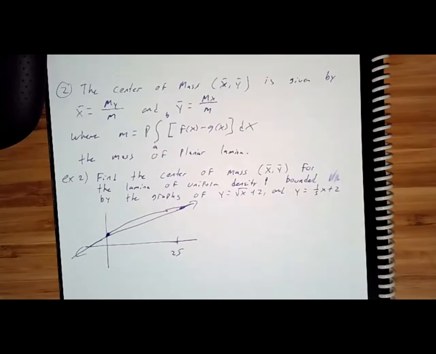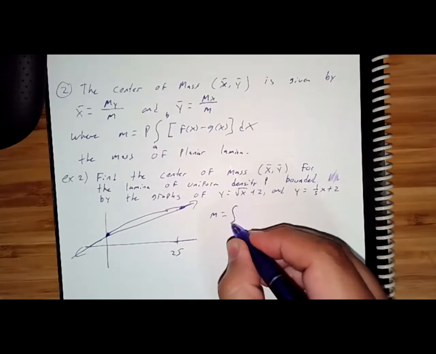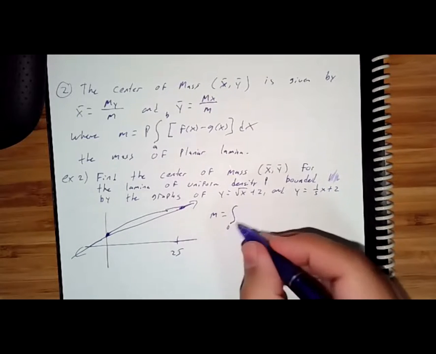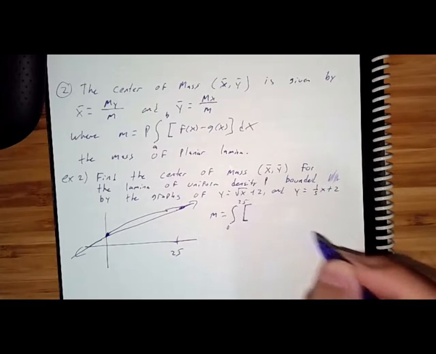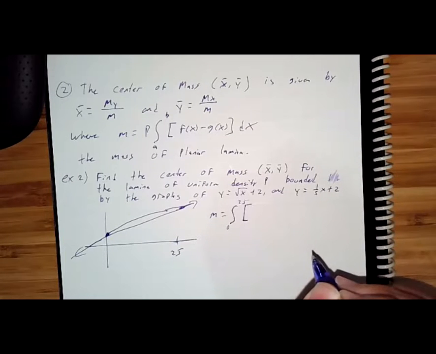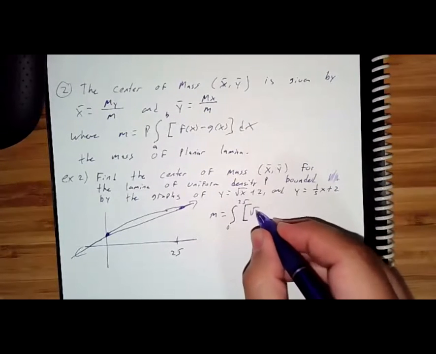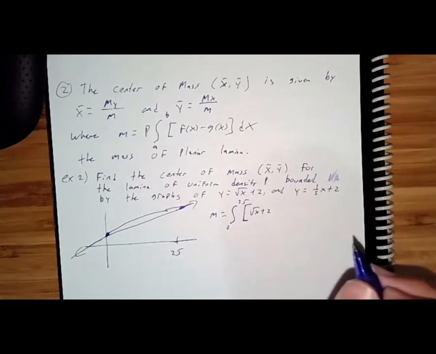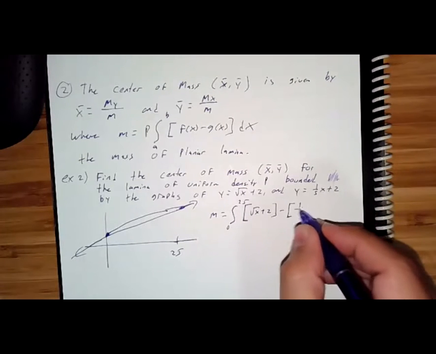Now, let's find the total mass first. So let's find little m. We said little m is the integral from 0 to 25 of f minus g. So which one is the f? It's square root of x plus 2. Yeah, that's right. So that'll be f minus the g.